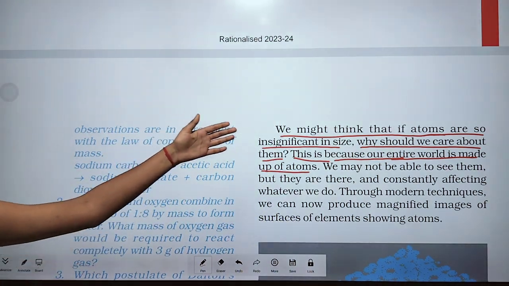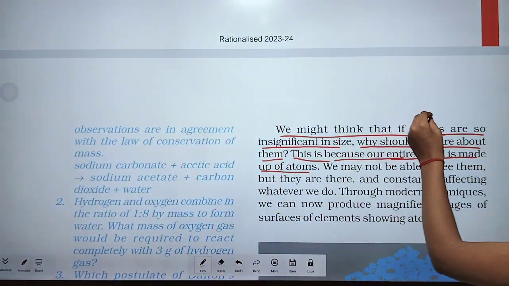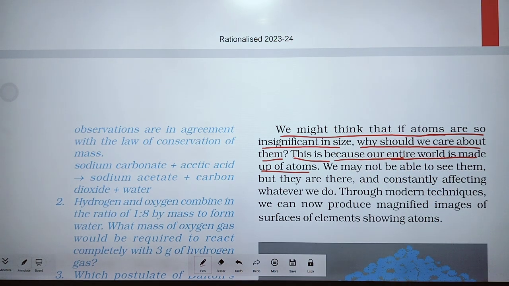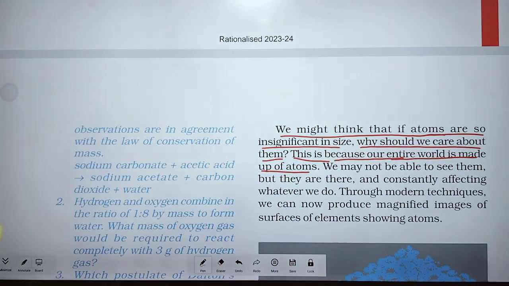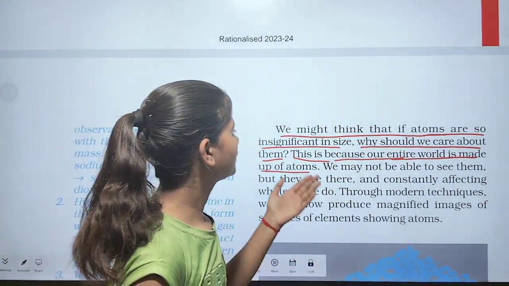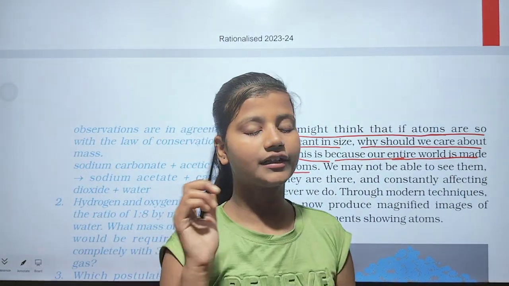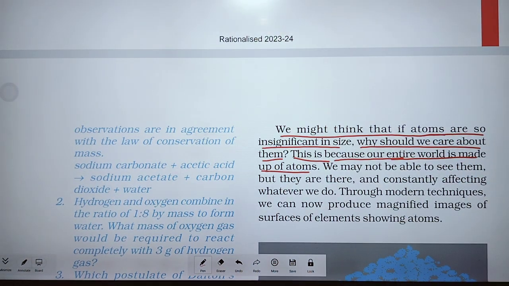Our entire world is made up of what? Atoms.